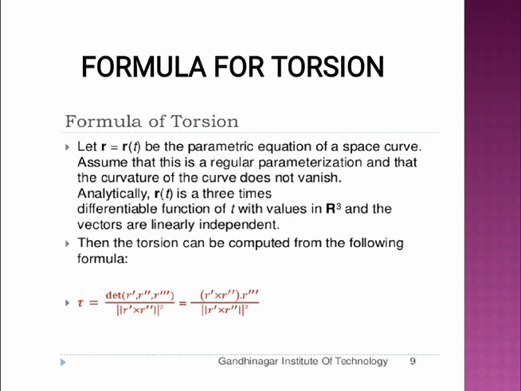Then the torsion can be computed by the following formula. The torsion is denoted by tau. Tau is equal to the determinant of r dash, r double dash, r triple dash divided by the modulus of r dash cross r double dash whole squared.